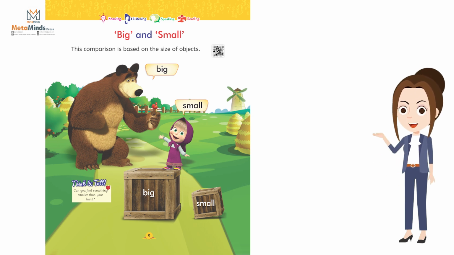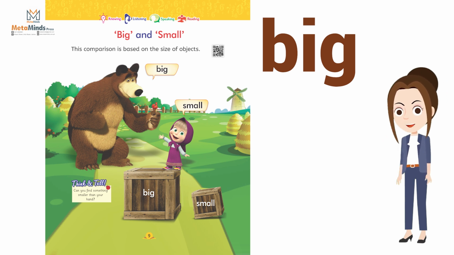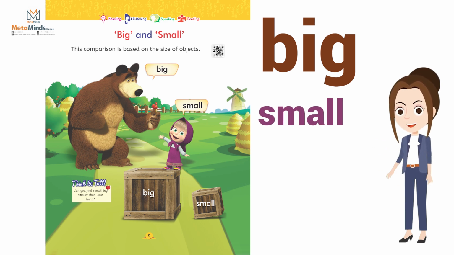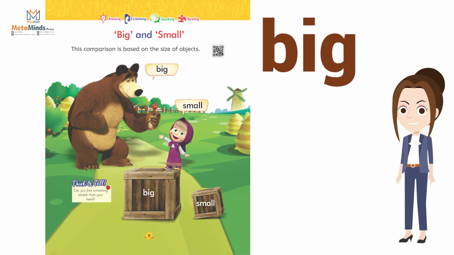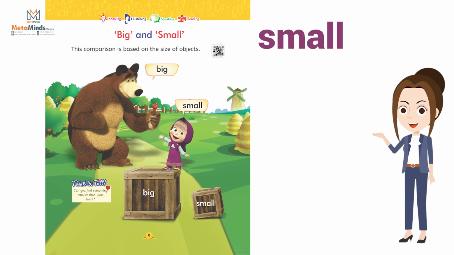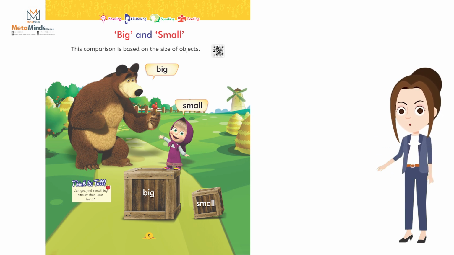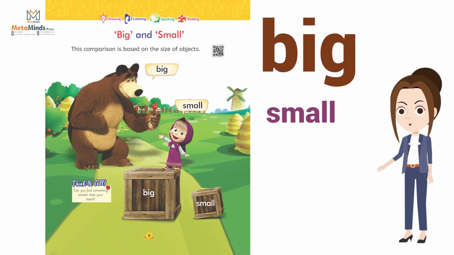So the comparison which we are going to do today is, when we have two things, which one is big and which one is small. What do you mean by big? Which is big in shape, which is bigger than the second one, and small, which is tiny, which is little. So we are going to compare the things regarding big and small.